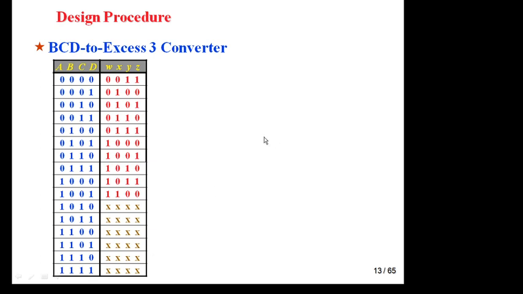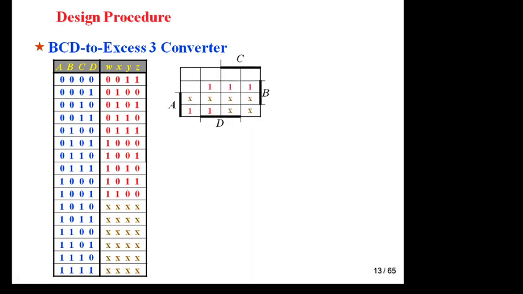Now determine the value of W. This is W, this is W, this is nothing but 5, so 5, then 6, 7, so 5, 6, 7 and 8 and 9, so this is 8, 9, and 10 to 15 are don't care.